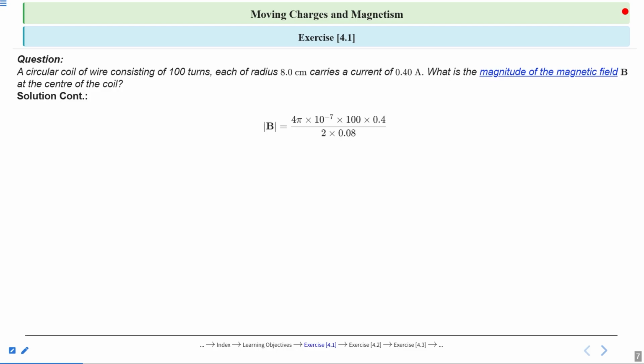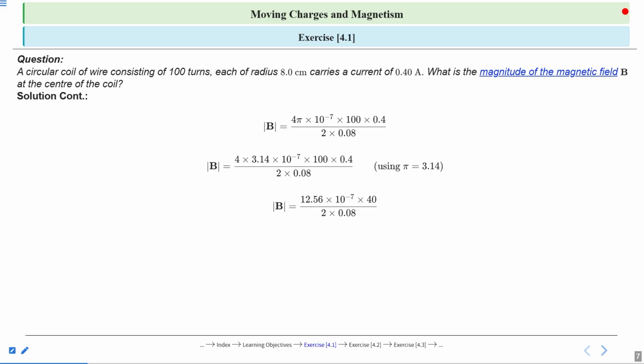So B is equal to 4 pi into 10 raised to the power minus 7 into N, which is 100, into current 0.4, upon 2 into 10 raised to the power 2 into 0.08. After simplifying, putting the value of pi equal to 3.14, 4 into 3.14 is 12.56 into 10 raised to the power minus 7, and 100 into 0.4 is 40.